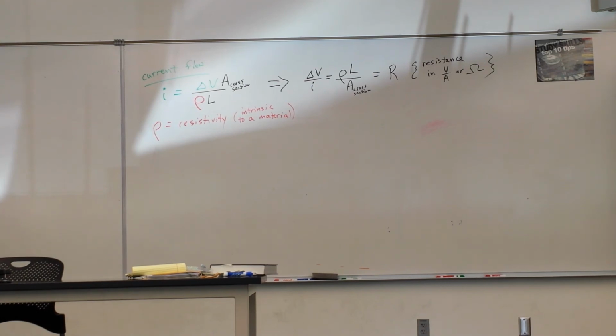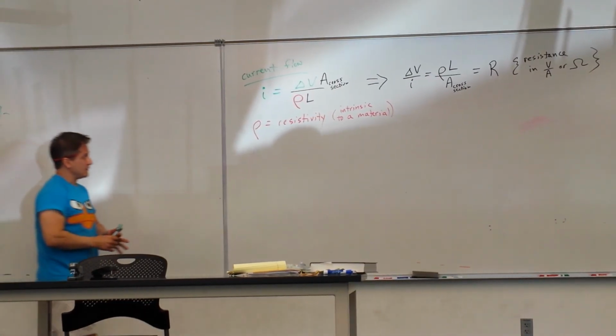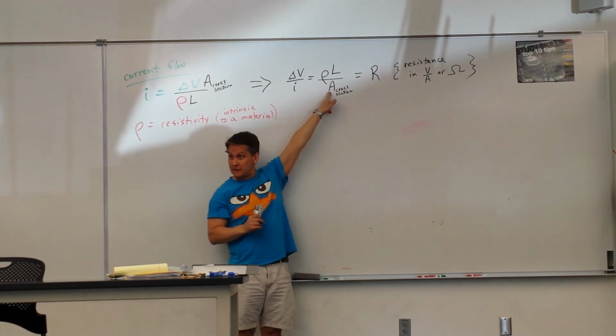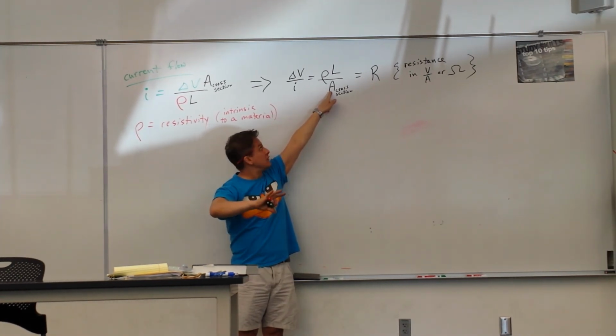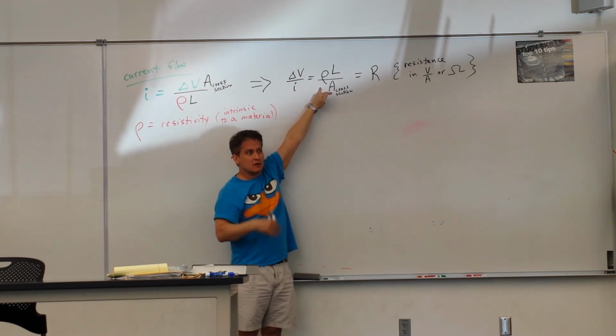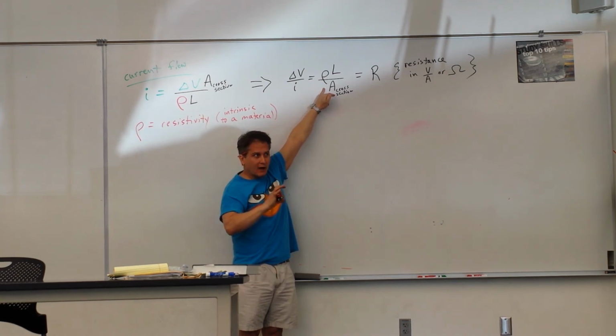So this basic relationship, and to get a sense of it, A we assume is a constant for a particular pathway, a conductor. L is constant. And so the only thing that we have in here that is not purely constant and dimensional is this idea of resistivity.